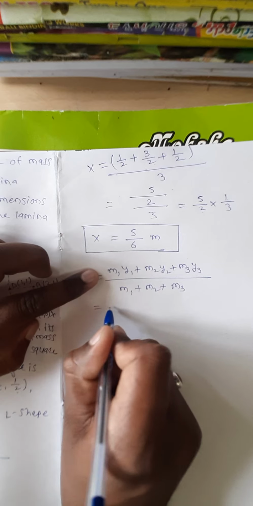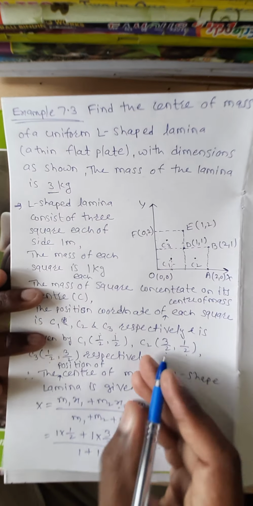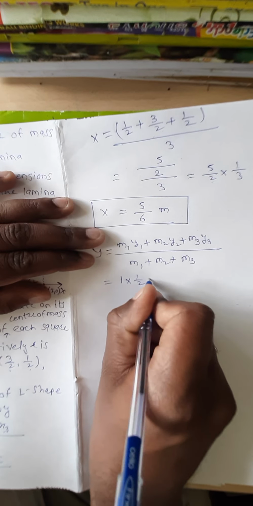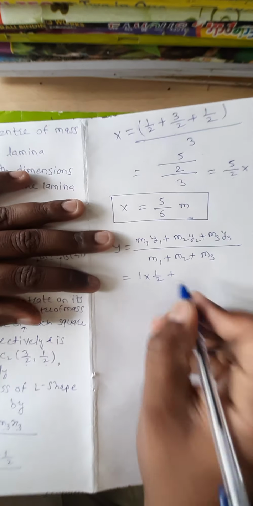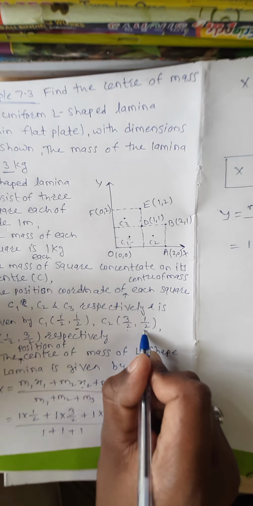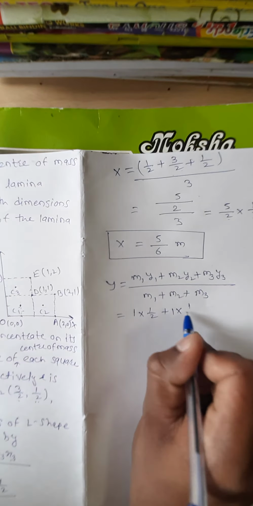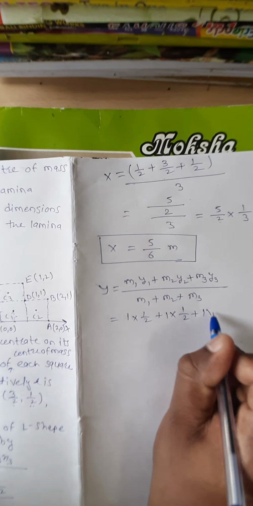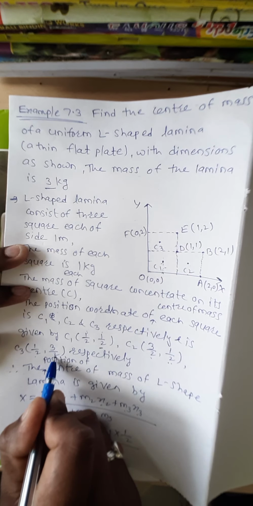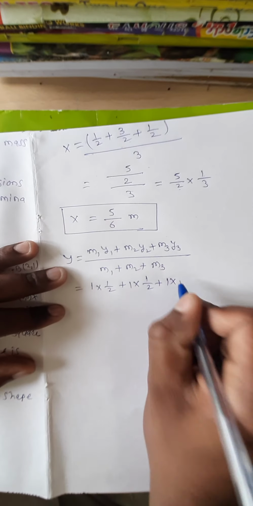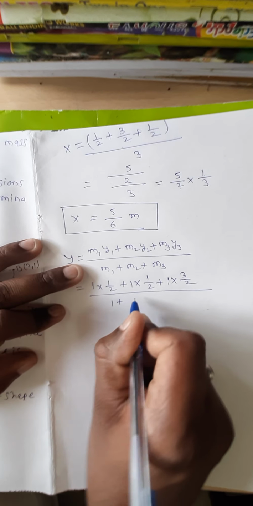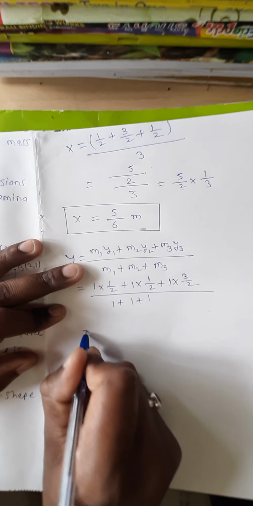Now m1 is 1, and y1 is 1/2, so 1 into 1/2, plus m2 which is 1 into y2, and y2 is also 1/2, plus m3 is 1, and y3 is 3/2, so 1 into 3/2. Total divided by m1 is 1 plus m2 is 1 plus m3 is also 1.